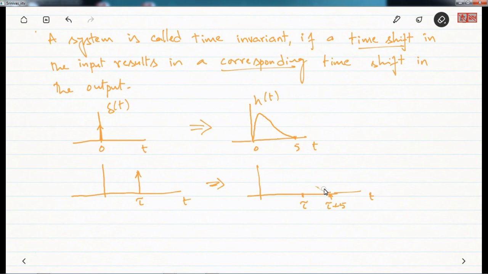Then what we get is, this is tau plus 5.